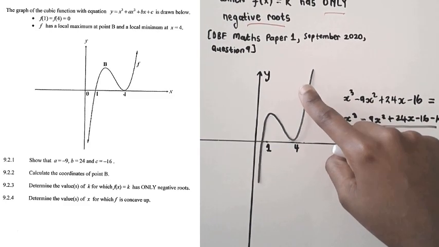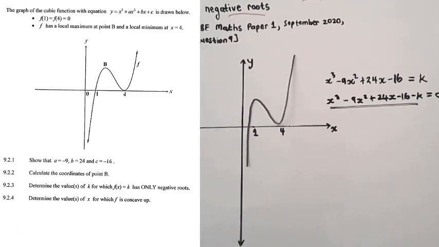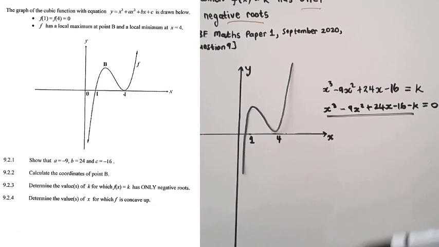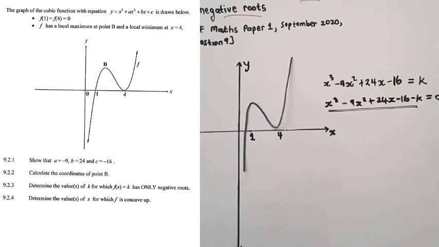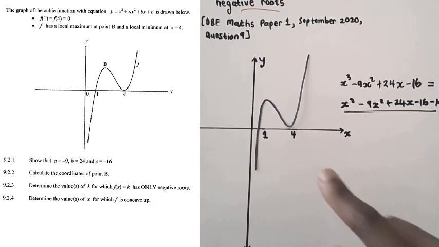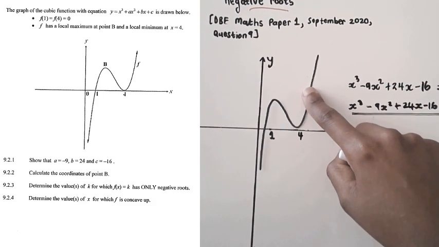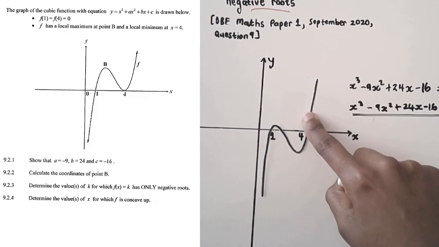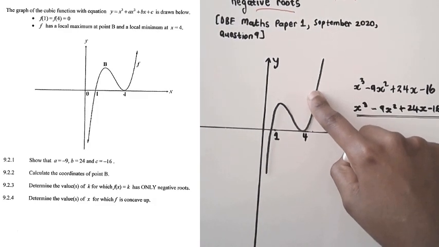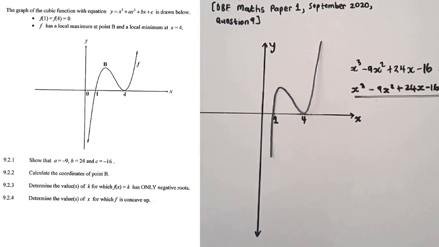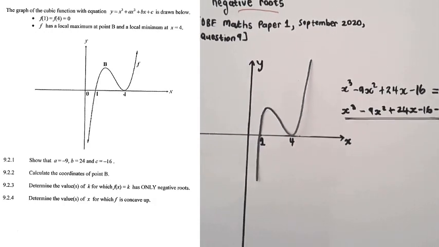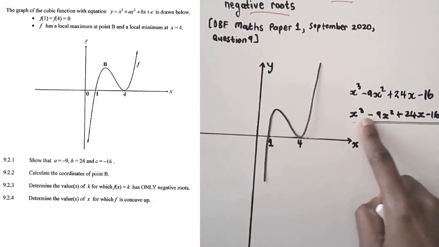So in the previous method, we had the horizontal line moving up and down. With this method, you have to think of the actual function itself moving up and down. Okay, I'm going to just leave it at that original position for now.